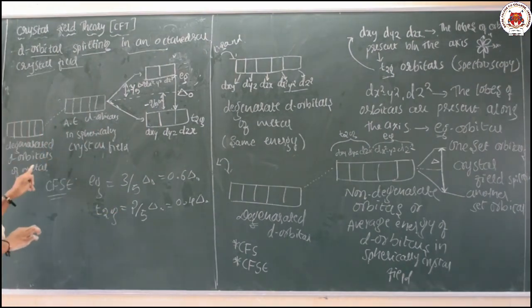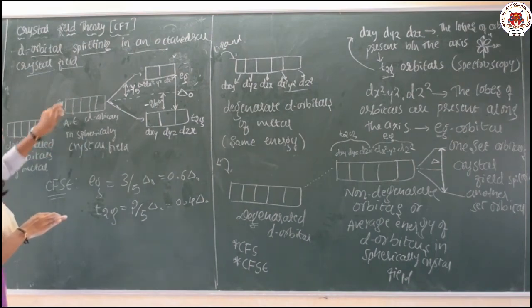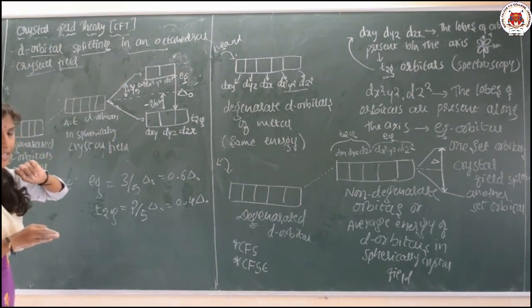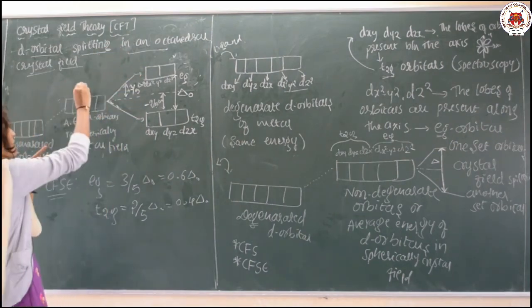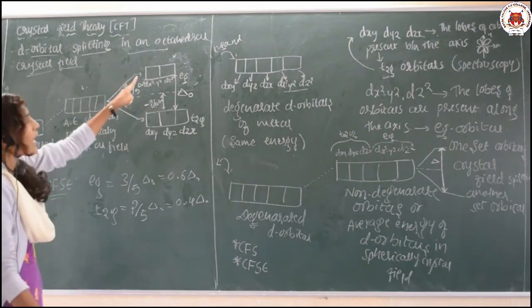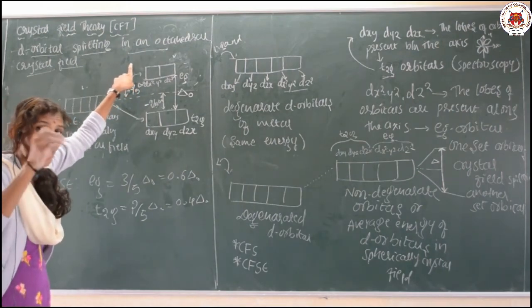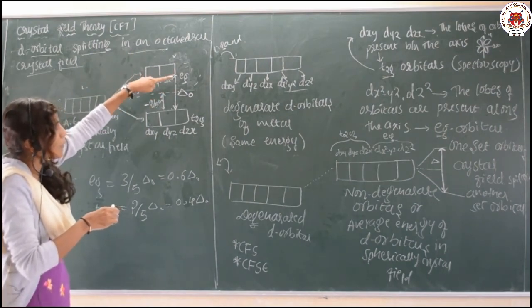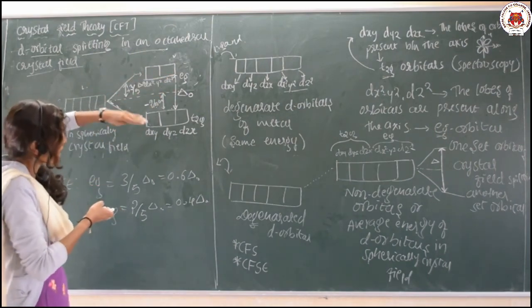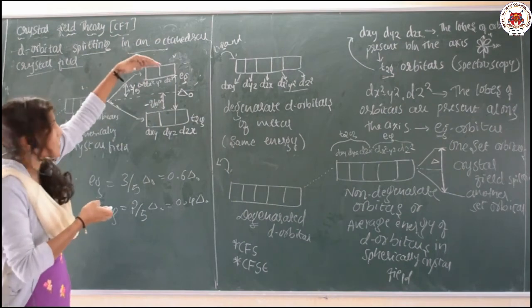So, these are the degenerate d orbitals and these are the non-degenerate d orbitals when the field is octahedral. What happens? This will split in such a way that the ligand approaches along the axis, so the eg level will be more repelled and raised, so eg will be upside.